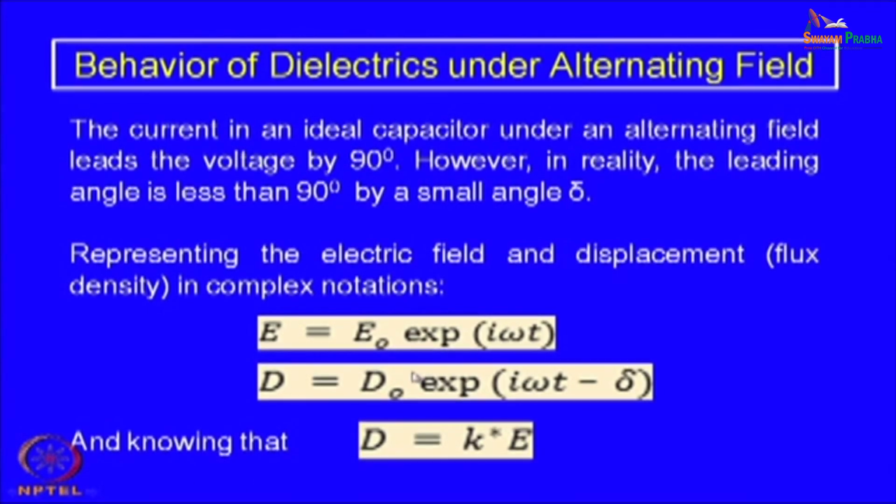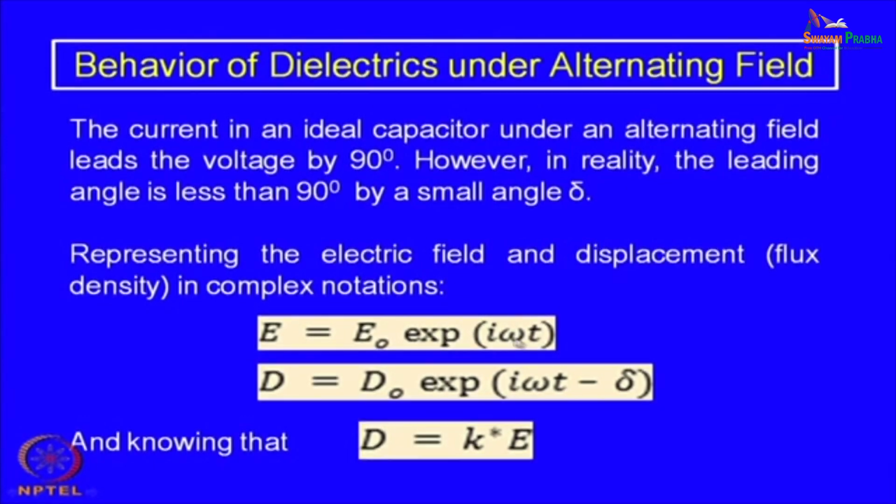Now, the expressions for different parameters under the alternating field are like this, representing the electric field and the displacement, the flux density, in complex notation. When we have an alternating field, we have to use complex notation like E equal to E0 exponential i omega t.